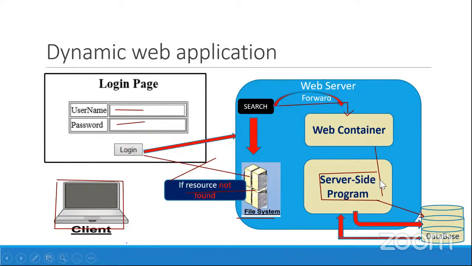So in case the request, after performing server-side programming and validation, needs to access data from the database. Nowadays every application uses a database, right? For what? To store the data.